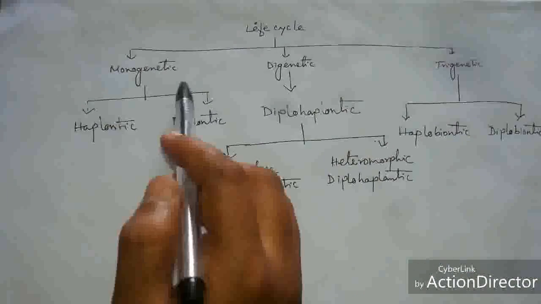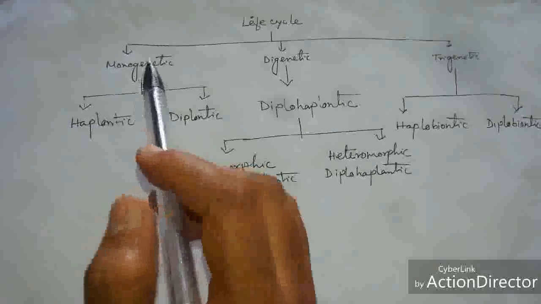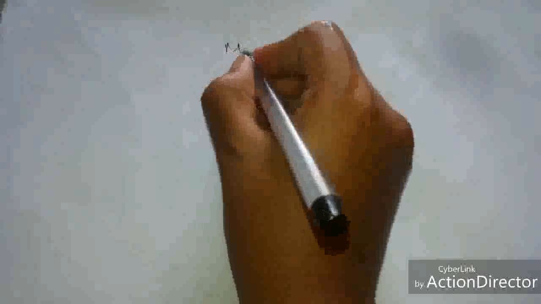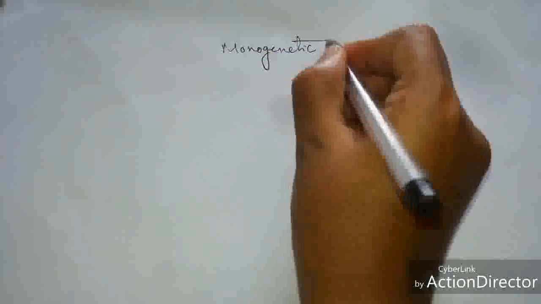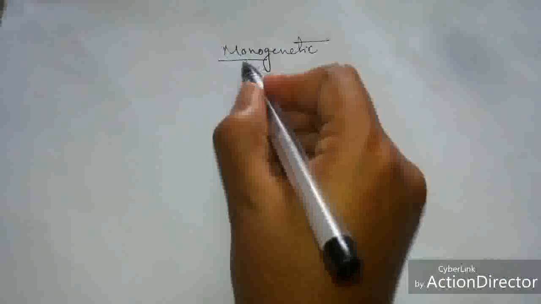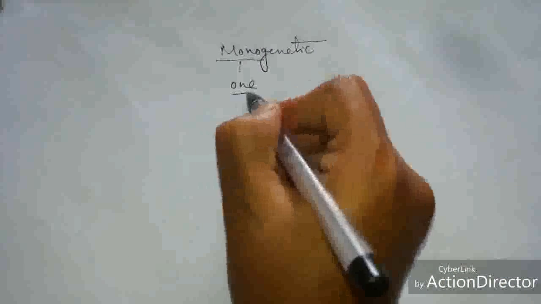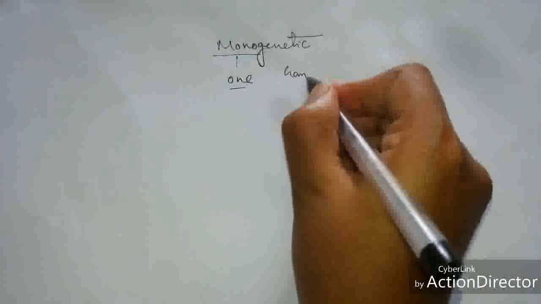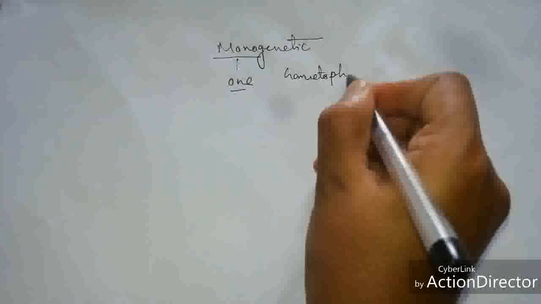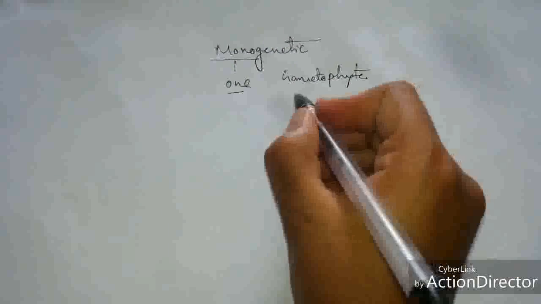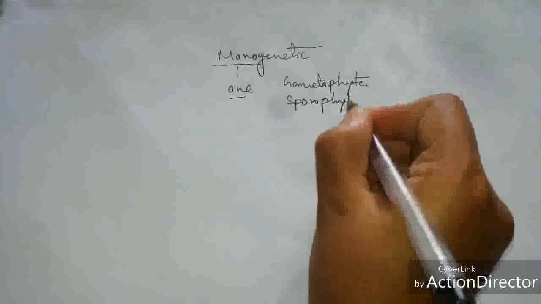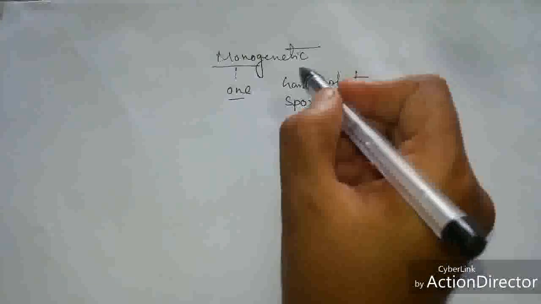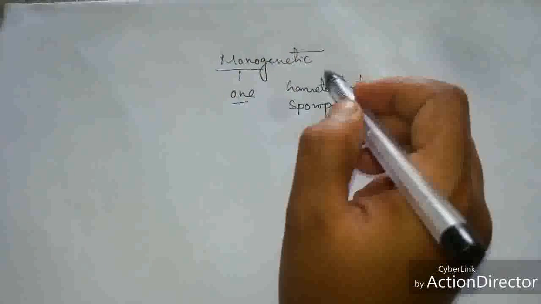Let's start with the monogenetic life cycle. Monogenetic means mono, one, so either gametophyte or sporophyte stage is found in monogenetic generation.